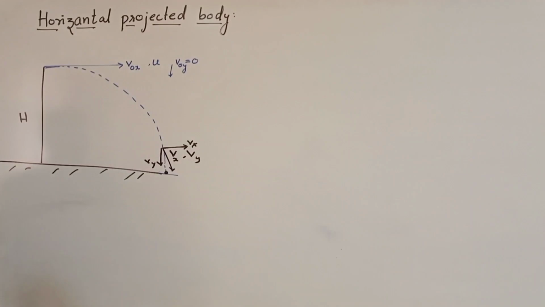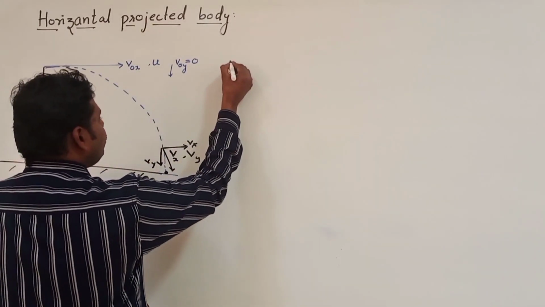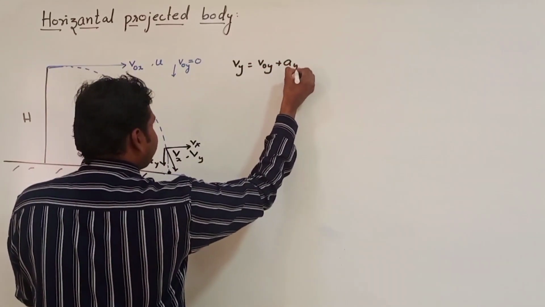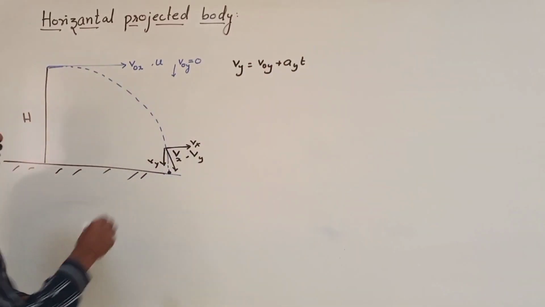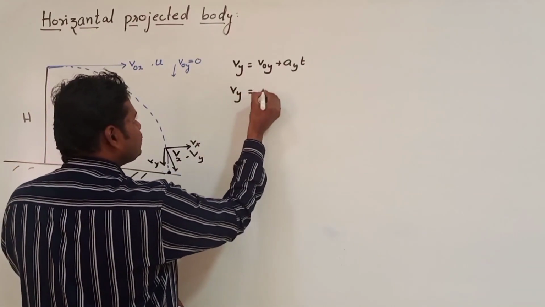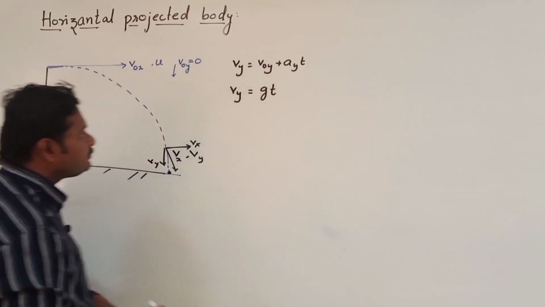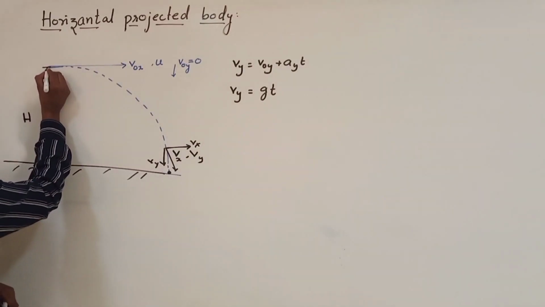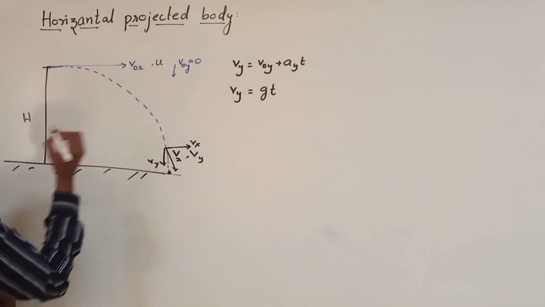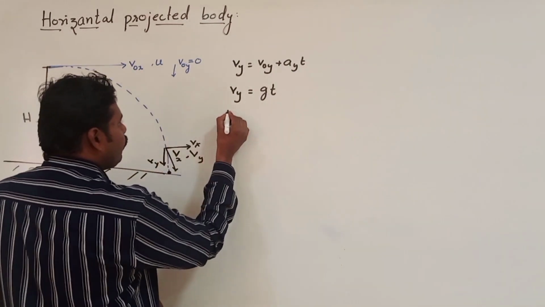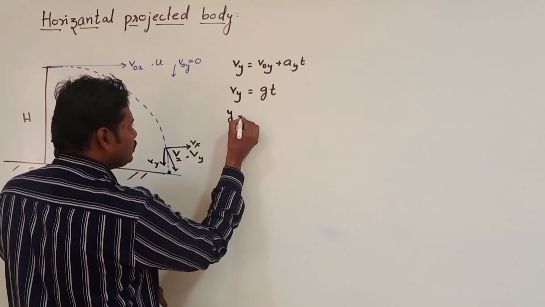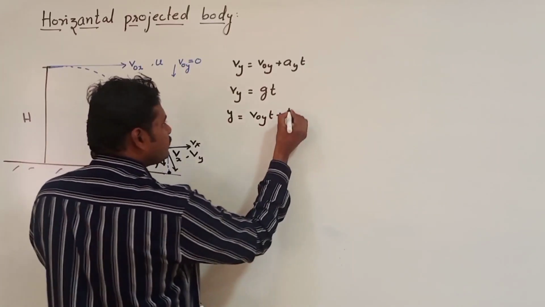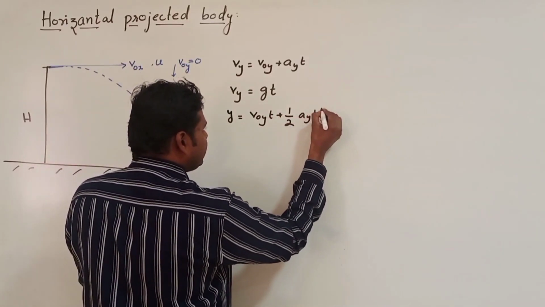How to write this? Here vy is equal to v naught y plus ay into t. So vy is simply gt. And what is the height that can be calculated? This is the point of projection, this is the point of landing. So y is equal to v naught y t plus half a y t square.